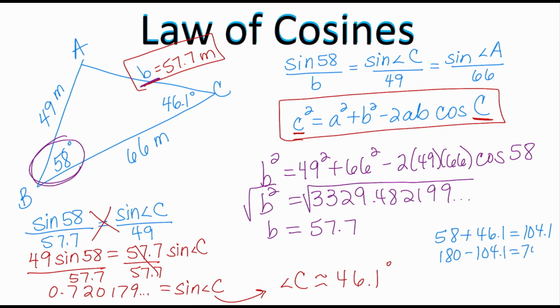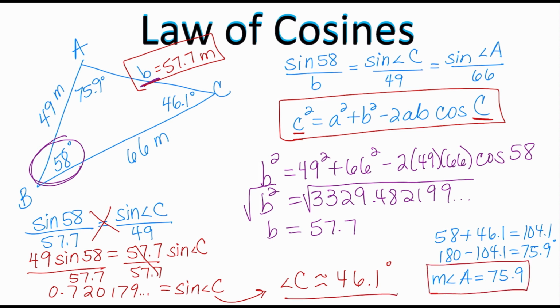And we get 75.9 degrees. So that means that angle A is going to be 75.9 degrees. So now I've been able to solve the triangle by finding all of the missing sides and missing angles. So angle A is 75.9, angle C is 46.1, and then little b is 57.7.